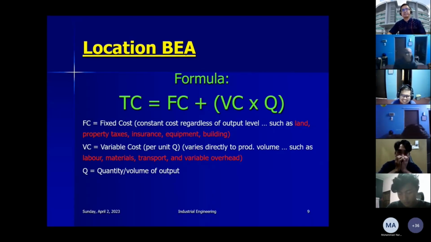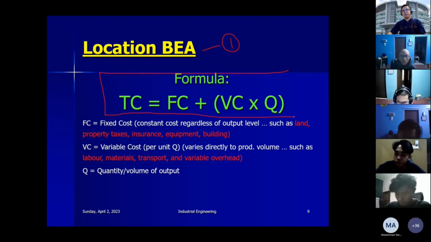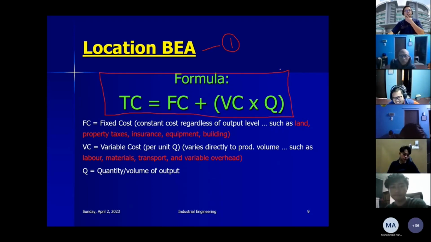This is the first one, we call it break-even analysis, number 1. I need all students to please copy down this formula first. Just a simple formula: TC equals FC plus VC times Q. So what is TC? TC is the total cost.